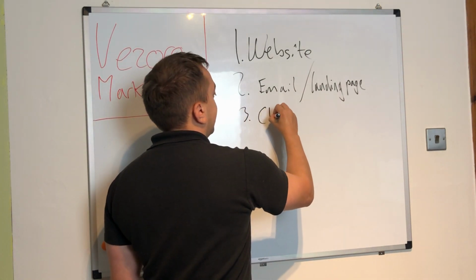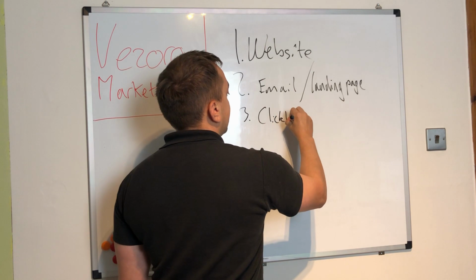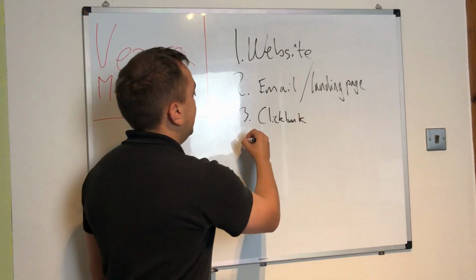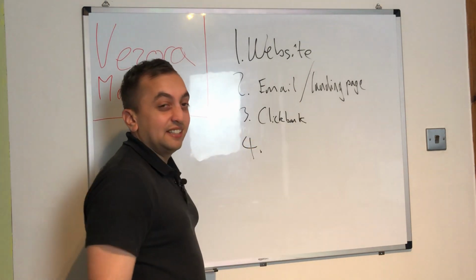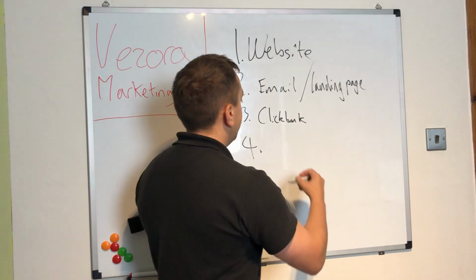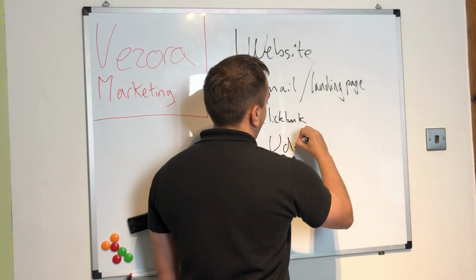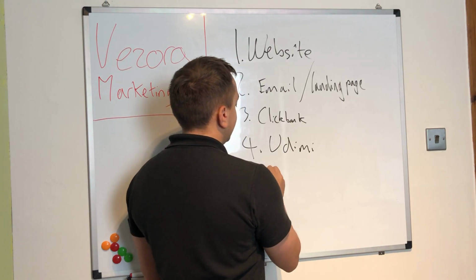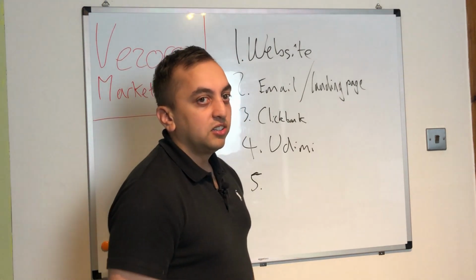If you haven't already signed up, you're going to need to do that. 4, we're going to need to use paid ads, solo ads, so that's going to be on Udemy. And 5, we are going to need to set up an email correspondence.